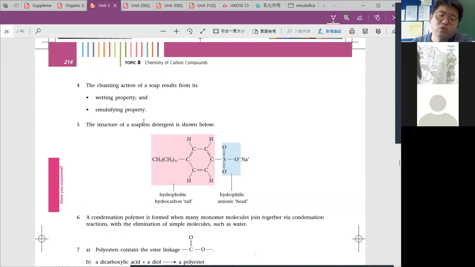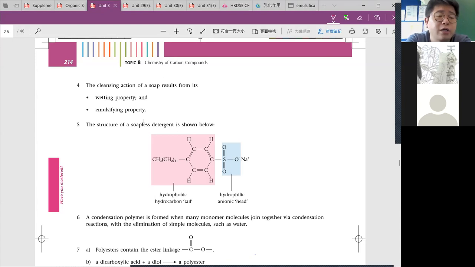Now, if you want to tackle the problem of washing the materials in hot water or in acidic medium, you need to change the soap into soapless detergent because soap has some limitations. And soapless detergent is made from crude oil fractions.